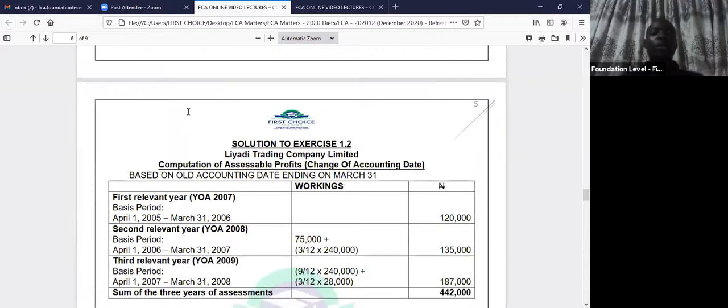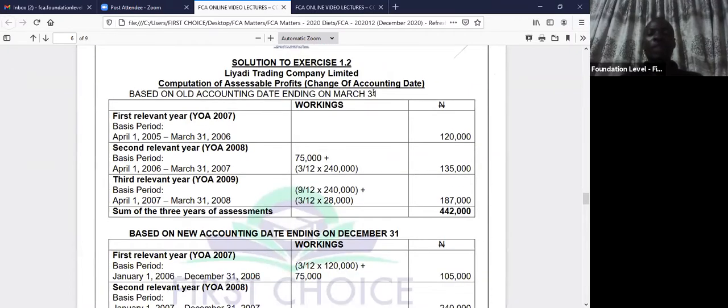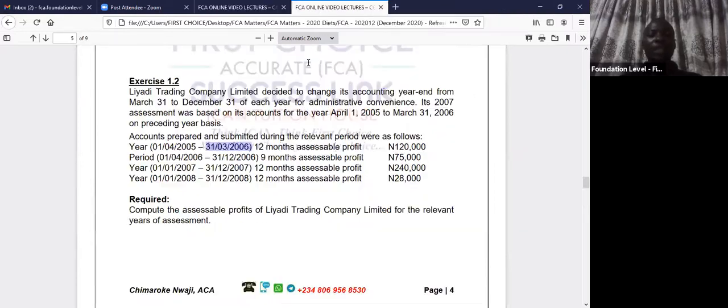So the first time is based on the old accounting date, which is March 31st. So you see the first relevant year is 2007. How did we know it is 2007? Look at it.